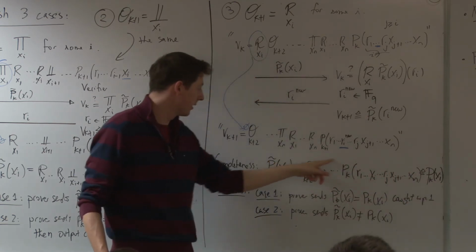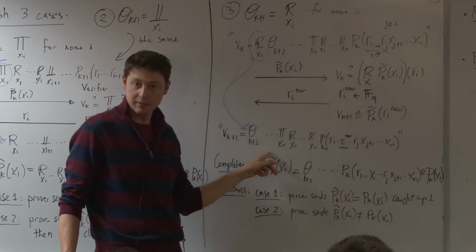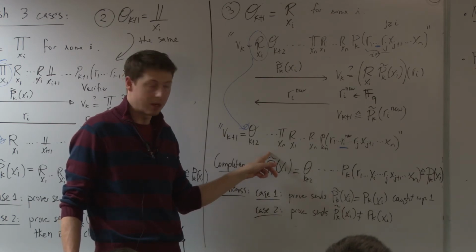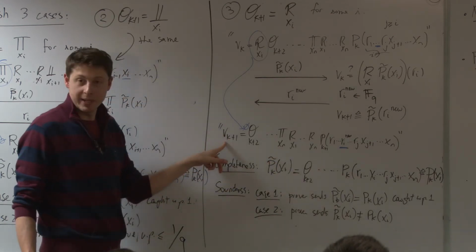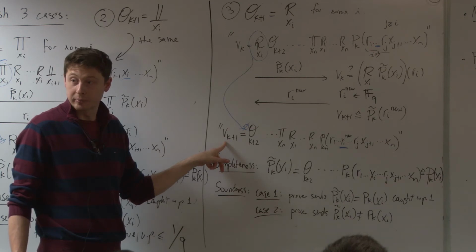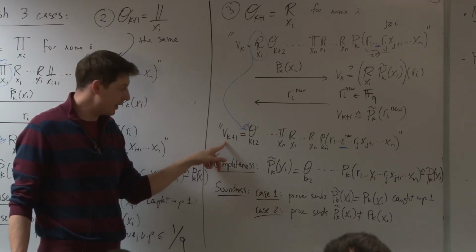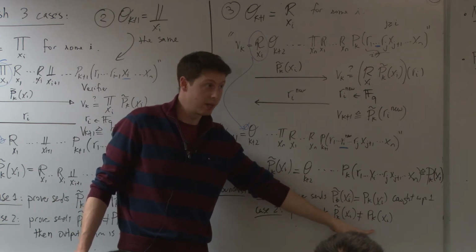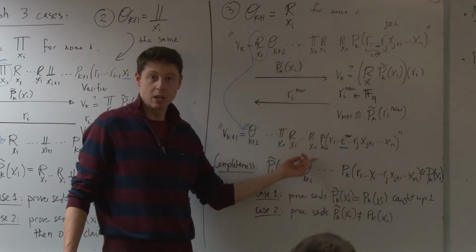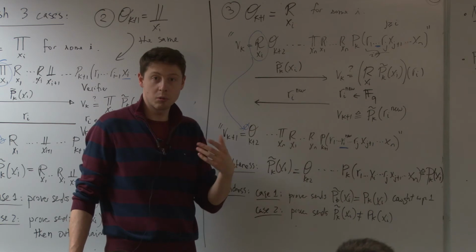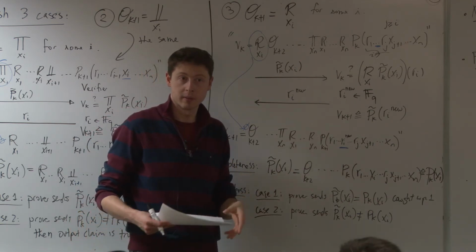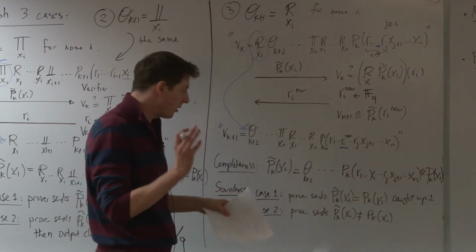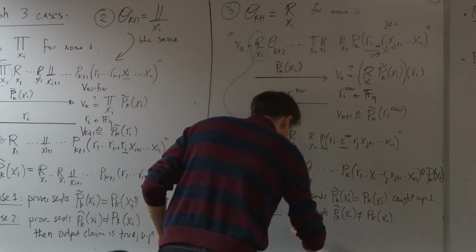Right? So this guy is pk evaluated at Ri new. This guy is pk tilde evaluated at Ri new. I am in the case where these two polynomials are not the same. Okay? So the new claim will be true at most with what probability? Maybe 1 over q, okay?